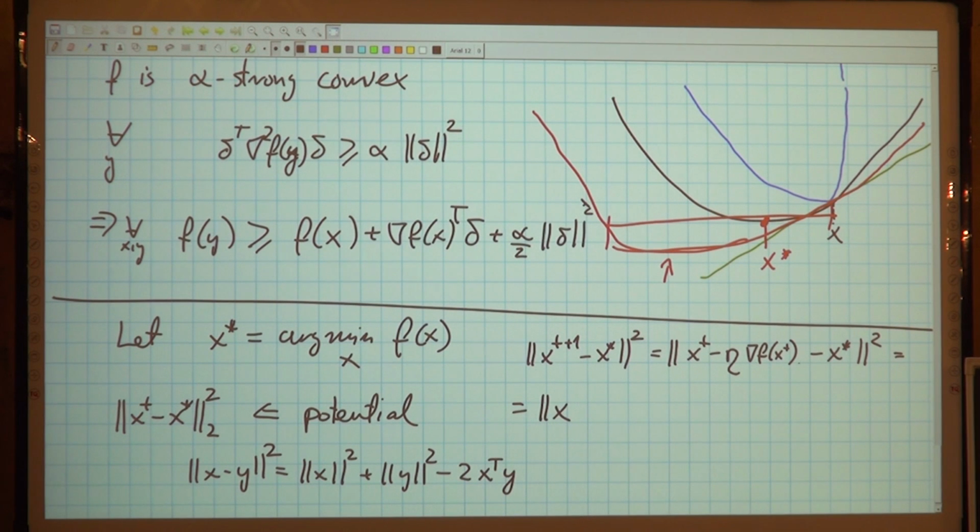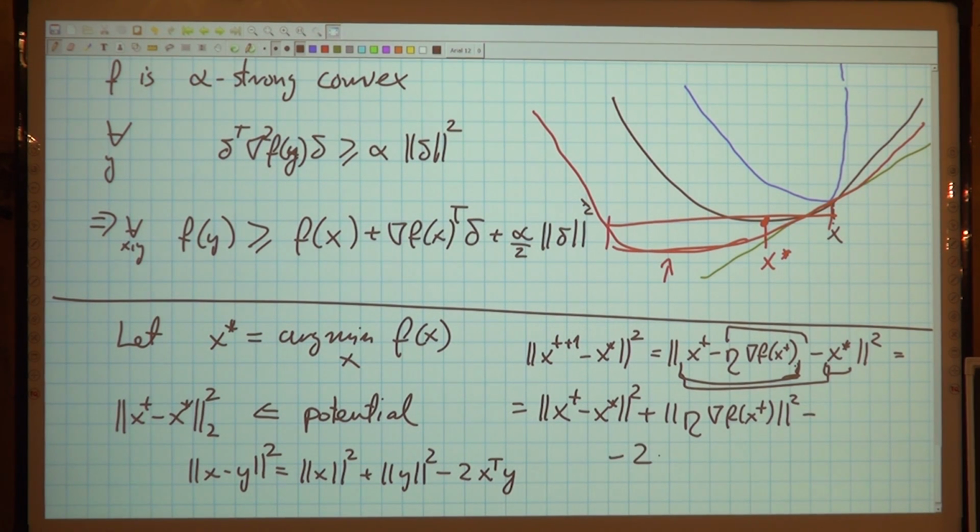So if you apply it to these two terms, and then to this term separately, what you will get is the norm of xt minus x star squared, plus eta squared times the norm of the gradient of f at xt squared, and then minus 2 eta times the gradient of f at xt transpose times xt minus x star.